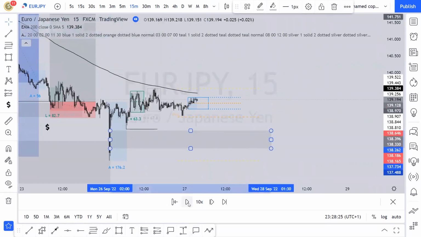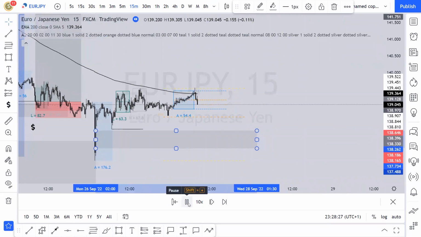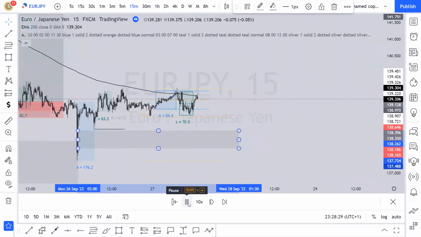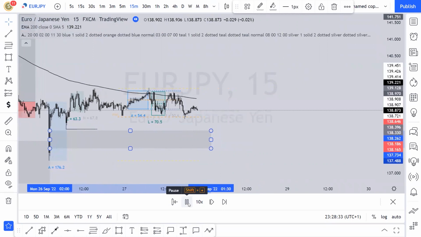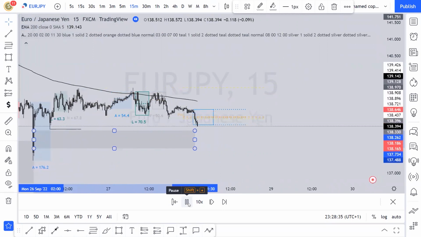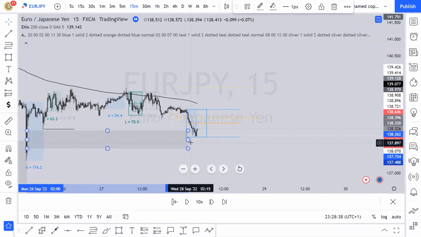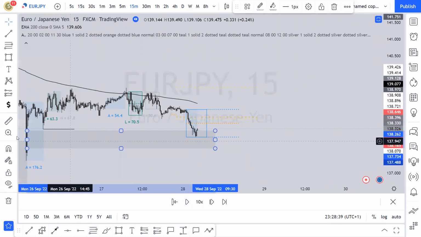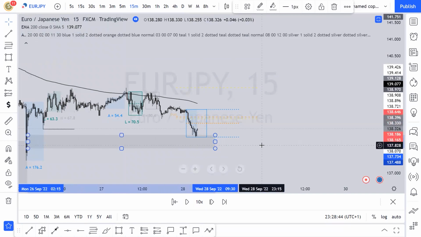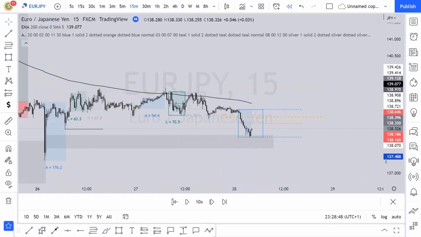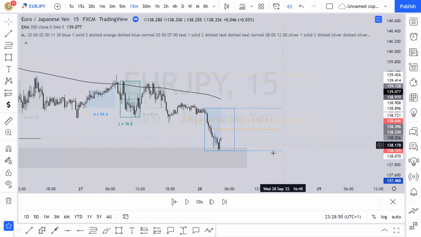Let's watch what price did. I was very much anticipating that area. All right, price got to that zone on the third day. This was 1 day, 2 days, 3 days. On the third day it touched the 3 minutes base, which I've highlighted there. Of course, I'm now looking for a possible buy opportunity.